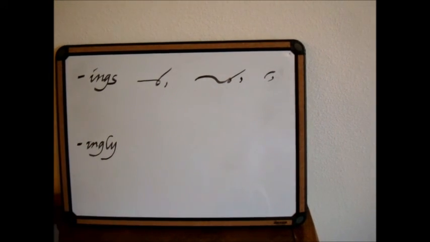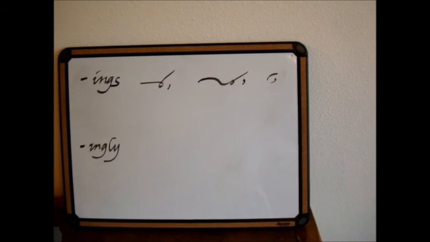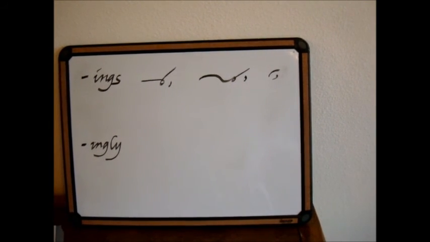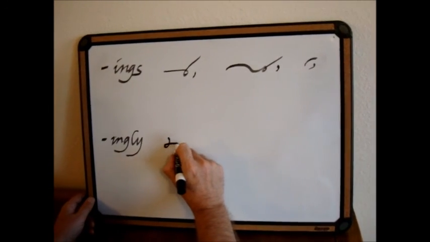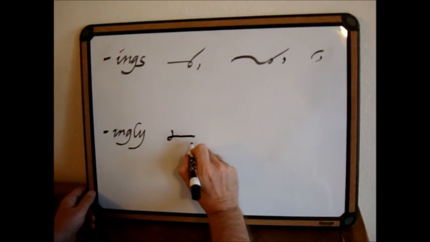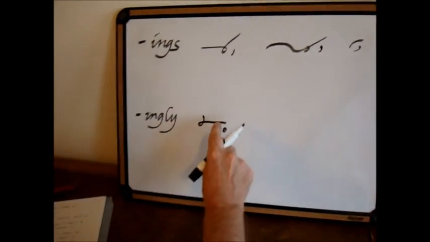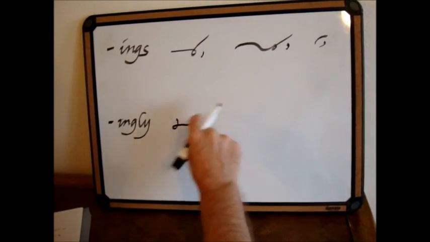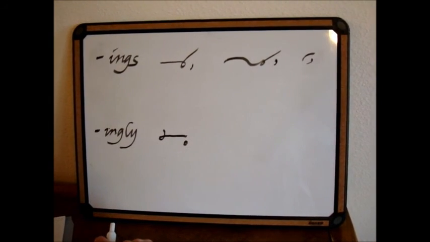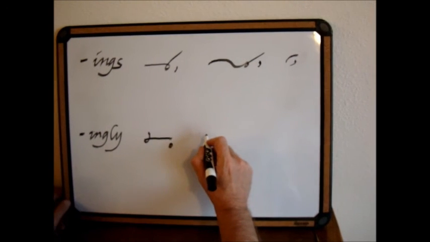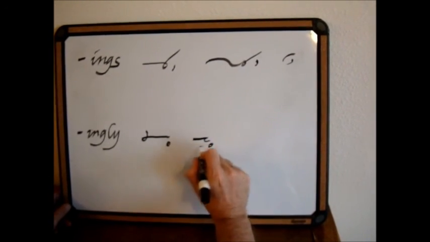Now, if you want ingly, like seemingly, we'll write seem, S-E-M, and instead of the ing dot, we're just going to put a little E down there. That gives us the ing from being in the ing position, and then the ly. So that's seemingly. If we looked for knowingly, we could go N-O, and then ingly.